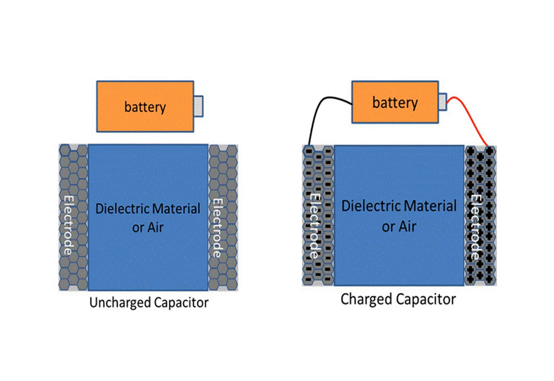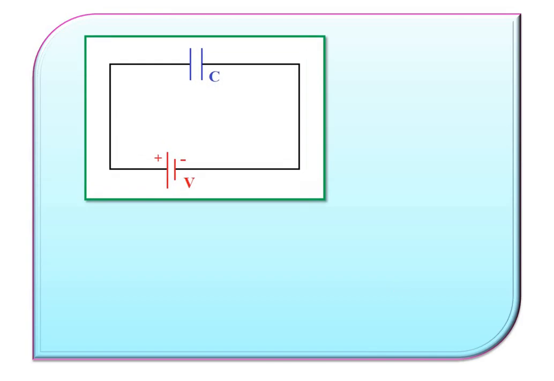Let's see the expression for this energy. See this circuit diagram first. In this diagram, consider a capacitor of capacitance C charged by a DC source of voltage V. During the process of charging, Q' is the charge on the capacitor and V is the potential difference between the plates.